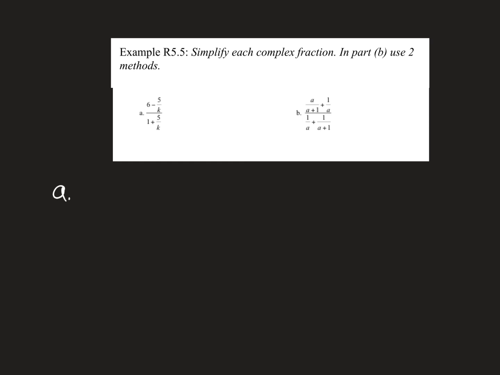We've got 6 minus 5 over k over 1 plus 5 over k. And what you'll see is that both of these have a denominator of k nested in them. And so what we will do is we can take these denominators and multiply them on top and bottom.